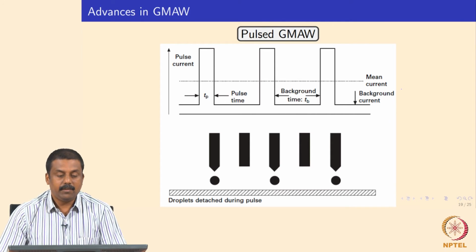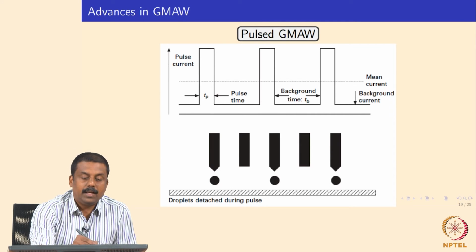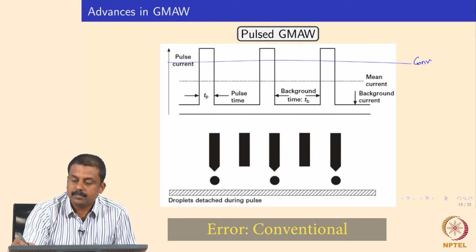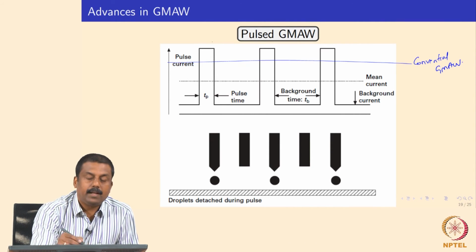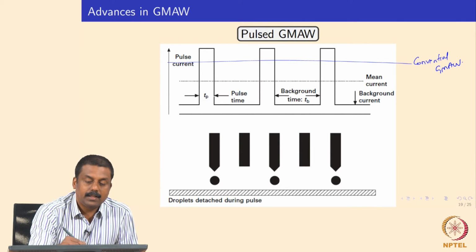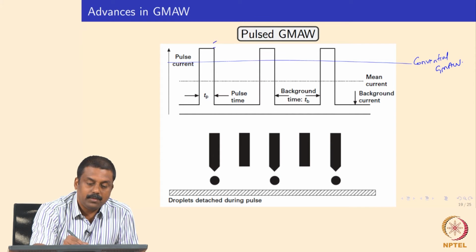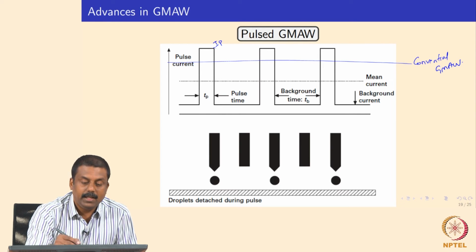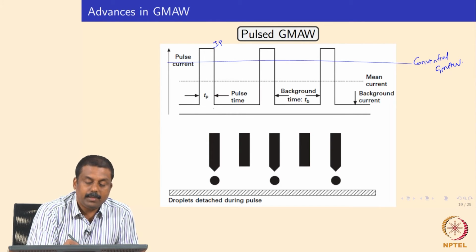So in a pulsing current, instead of having a continuous current as in conventional GMAW, we have a current pulsing, where a pulse current is given which is much higher than the conventional mean current, and then we vary the pulsing period, which is Tp, and the background current Ib, and we also have a background time, Tb.